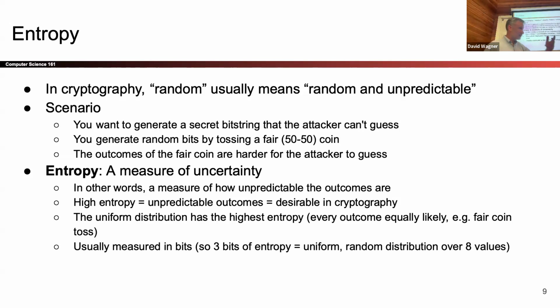Because if I flipped a coin 3 times, that'd be 3 bits. There's 8 possibilities for the outcomes if I flip a coin 3 times. So like 8 possible outcomes, all equally likely, 3 bits of entropy. 10 possible outcomes, a little bit more than 3 bits. So if I have 2 to the k possible outcomes, all equally likely, that's k bits of entropy.